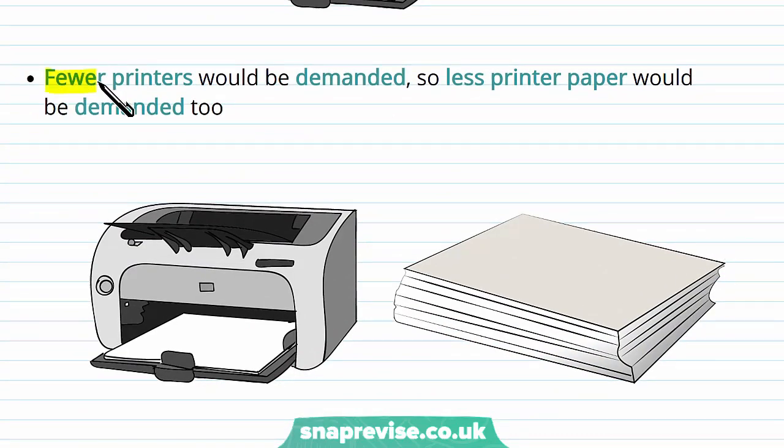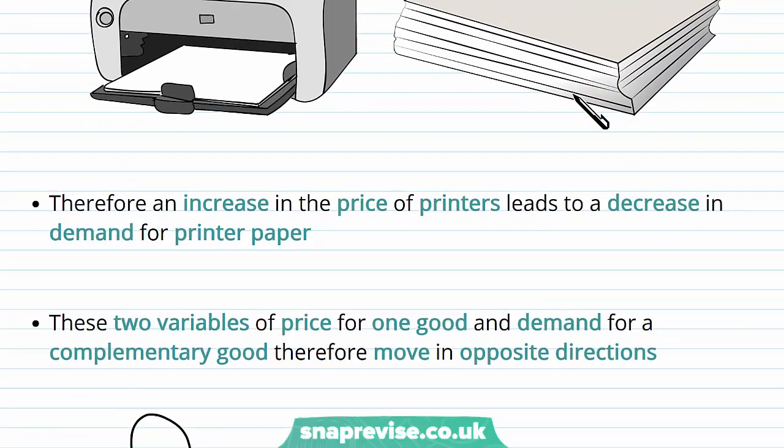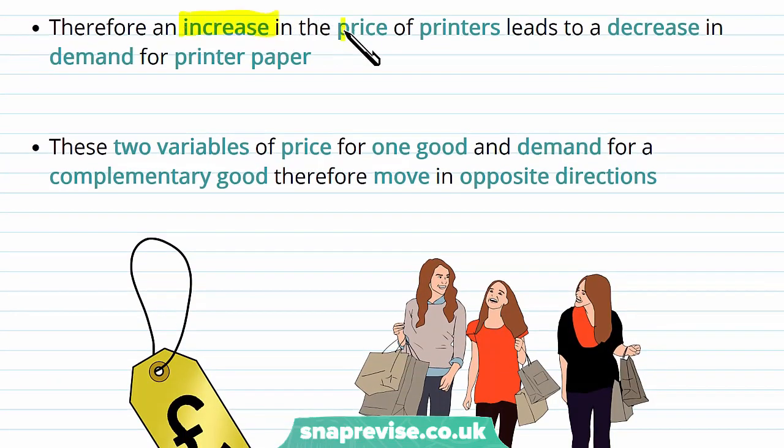So if fewer printers were to be demanded due to the higher price, this means that the complementary good of printer paper would also be demanded less as well. Because if we're demanding fewer printers, then we are necessarily buying less paper to put in those printers. There's no use in having excess paper when you have fewer printers. Therefore, an increase in the price of printers leads to a decrease in demand for printer paper.